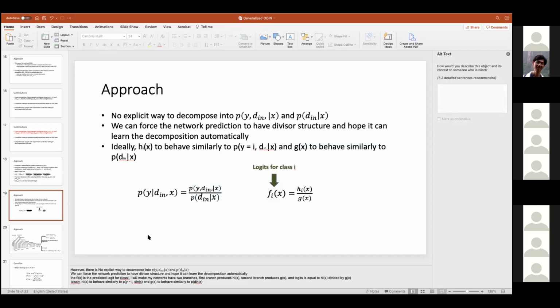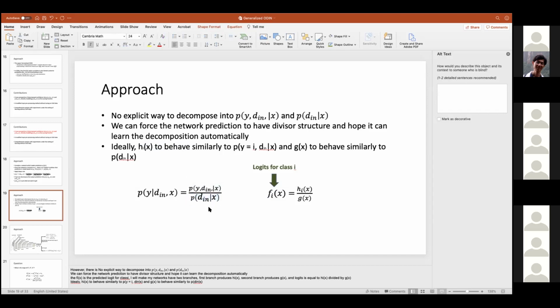Okay, Ruofan, could you give more details of the motivation we designed the hx and gx, and what are the intuitions of the design? Because we want to directly learn this probability, the probability of D_in given x, right? If we know it, then it is automatically an out-of-distribution detector, right? We can just threshold on this probability.